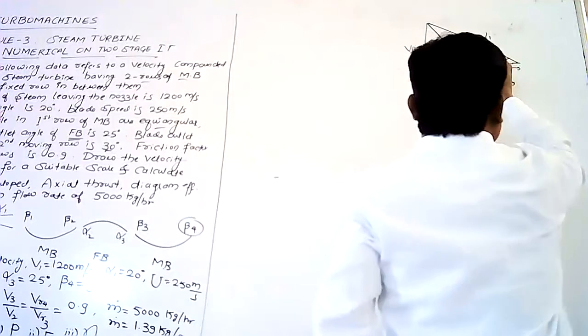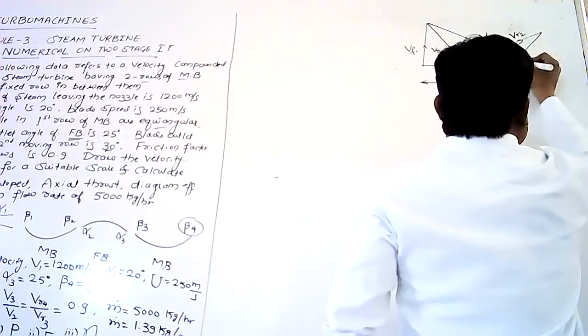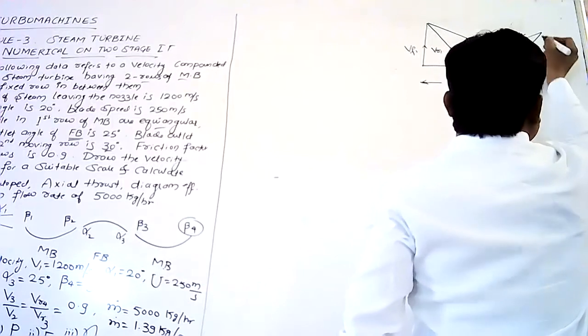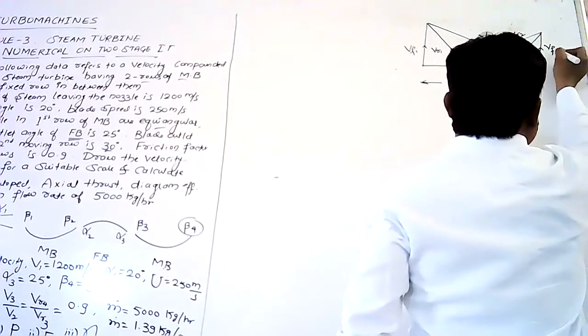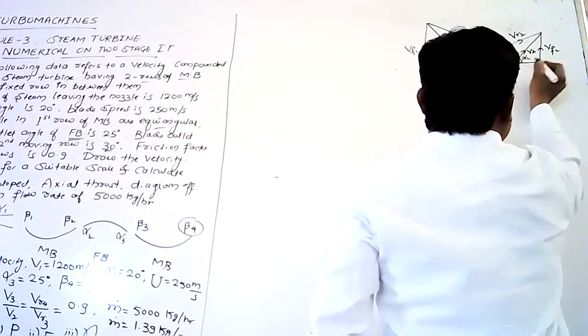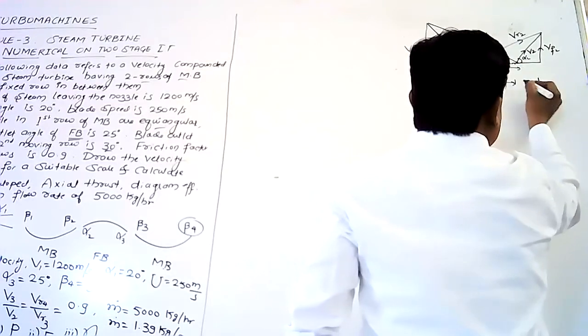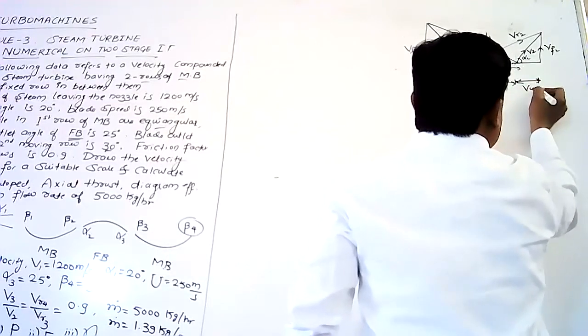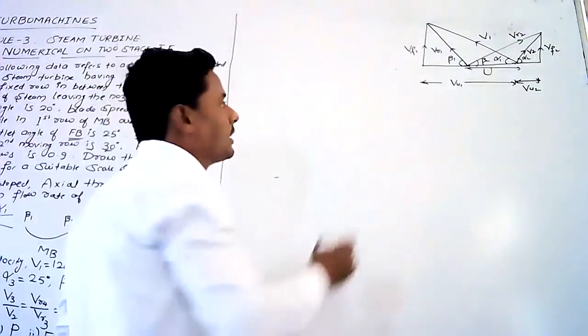The corresponding outlet velocity triangle is this VR2. This is V2, and the vertical component is VF2, the flow velocity component. This is alpha 2, and this is beta 2 here. And this will be VU2, the horizontal velocity component. Okay, I hope this is clear.